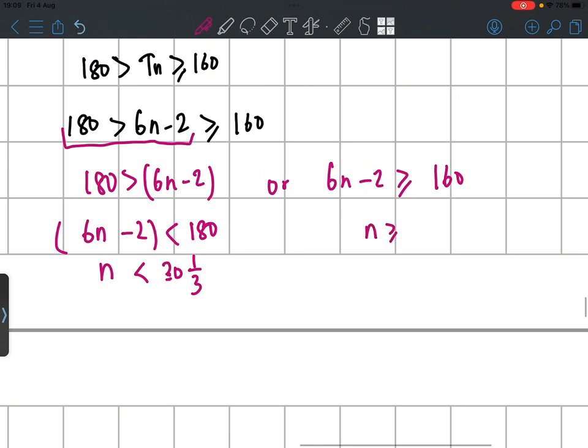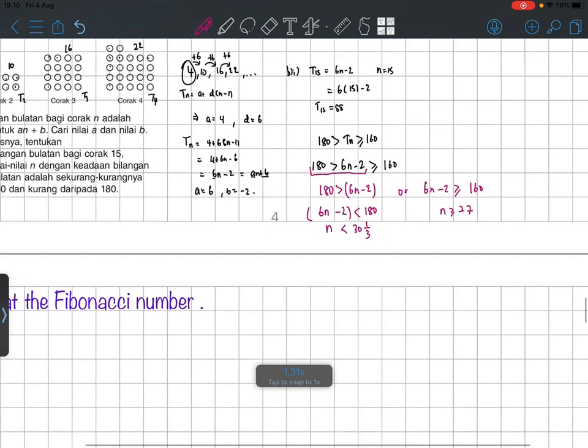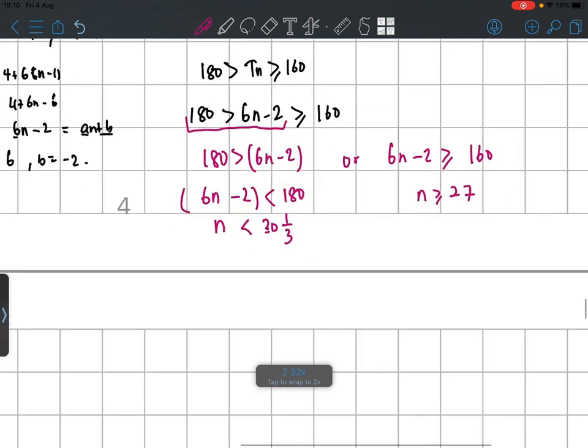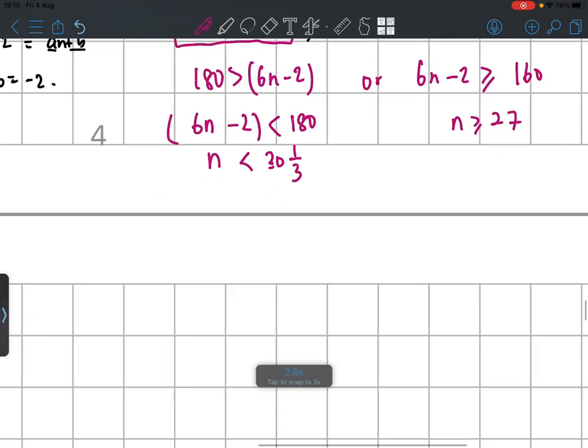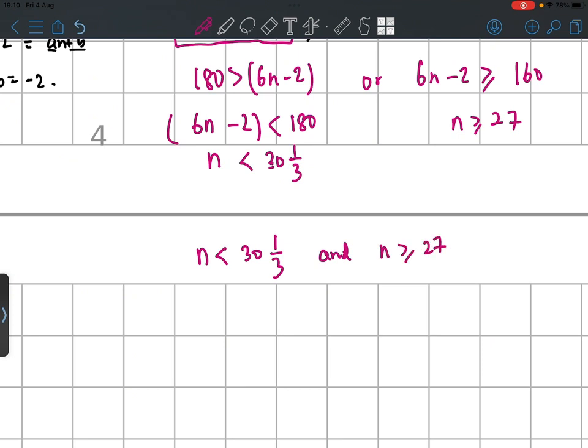So n is less than 31 over 3, and n is greater or equal to 27.